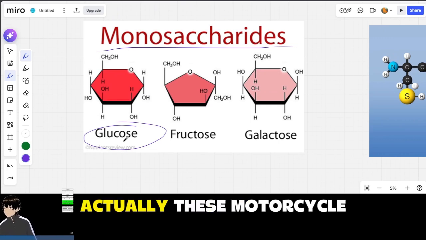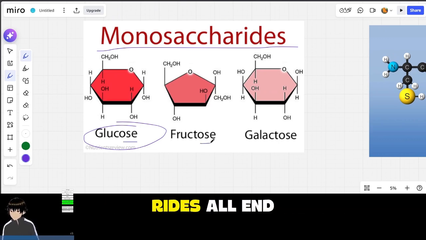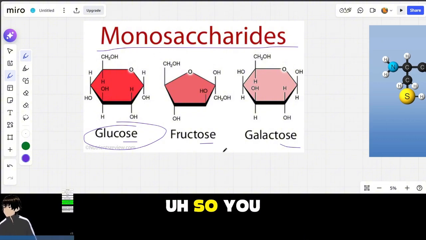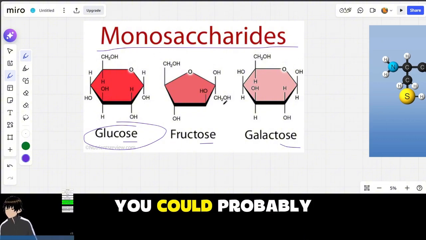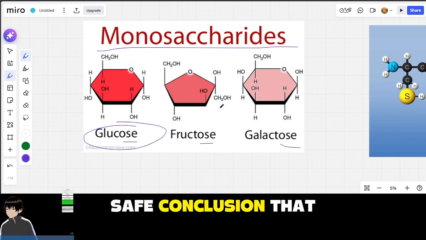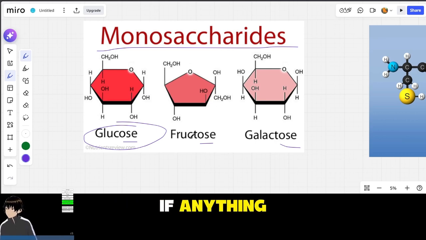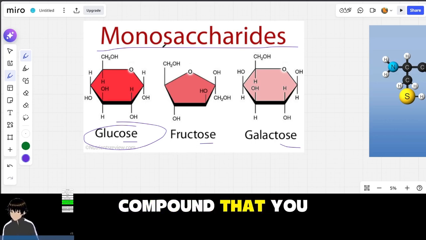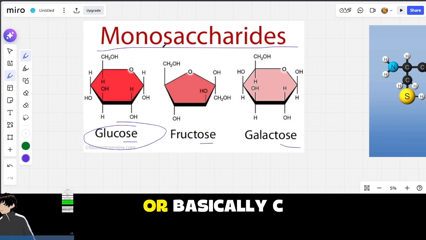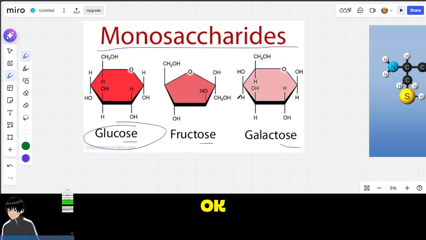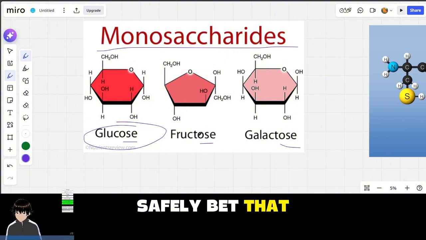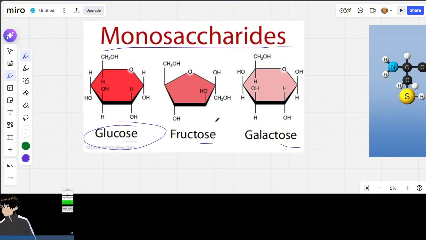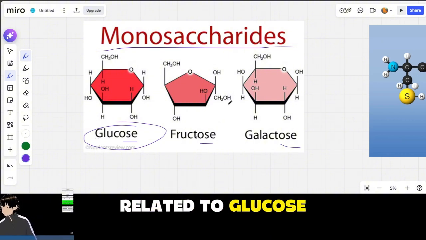These monosaccharides all end in OSE. So you could deduce and make a safe conclusion that if you see a compound that ends with OSE, you can safely bet that it's related to glucose or sugar.